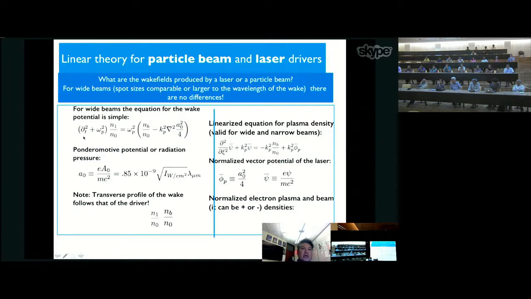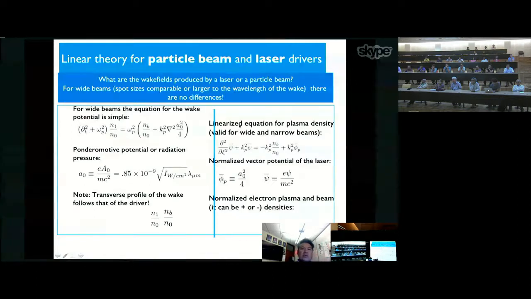You can write down a single harmonic oscillator equation for the density perturbation, driven by the beam driver and the ponderomotive force related to A0 squared over 4, where A0 is the normalized vector potential. So the transverse profile of the wake then follows the driver. There are no transverse derivatives here.